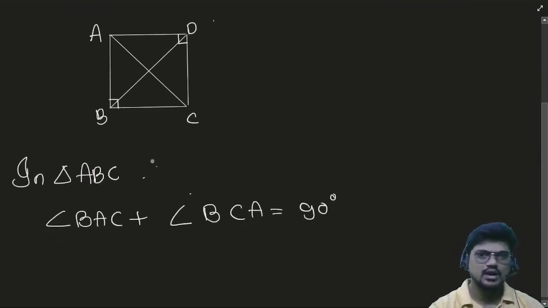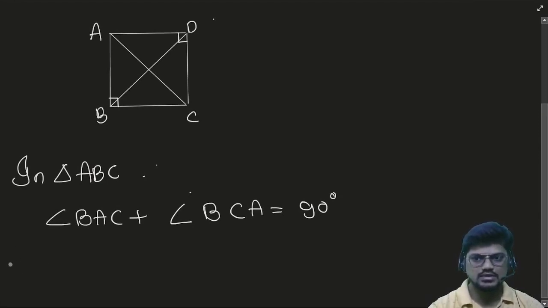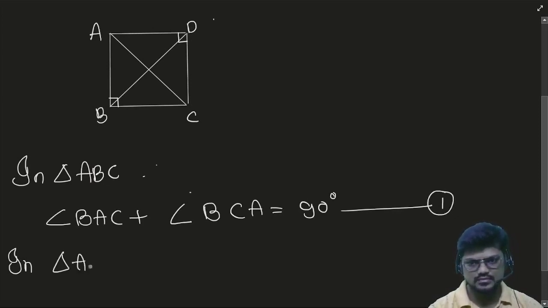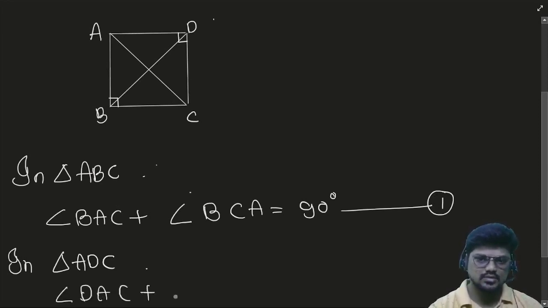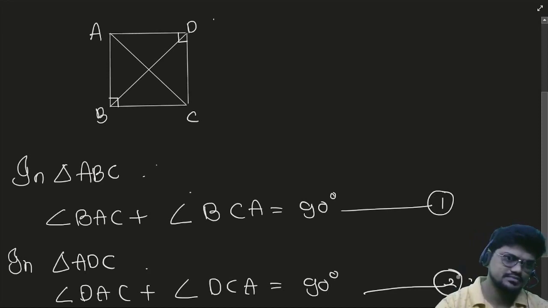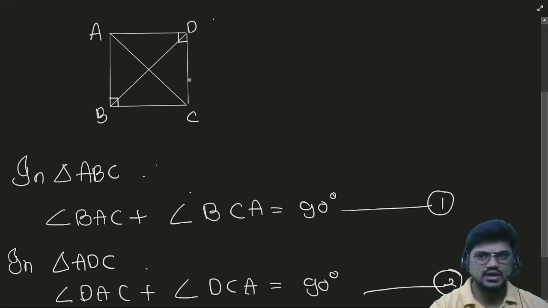Again, in triangle ADC, I can say angle DAC plus angle DCA will be equal to 90 degrees. The same reason, sum of interior angles of a triangle, because this is 90.